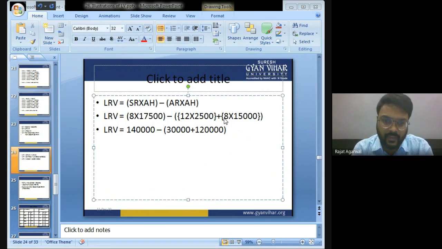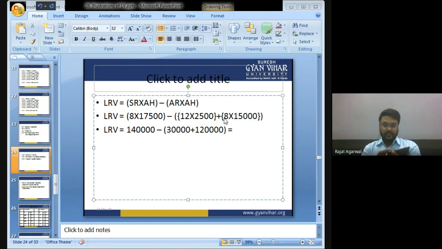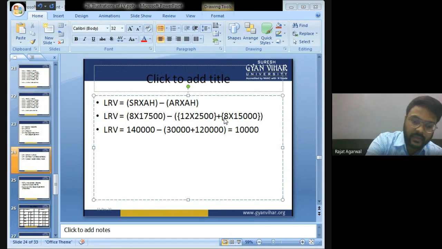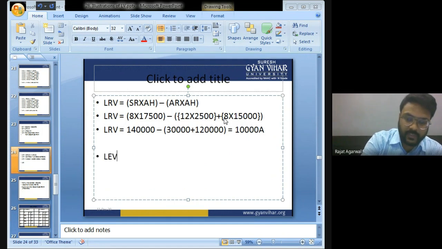Now it is, I think, 1,50,000. 1,40,000 minus 1,50,000 is 10,000 adverse. Now labor efficiency variance.